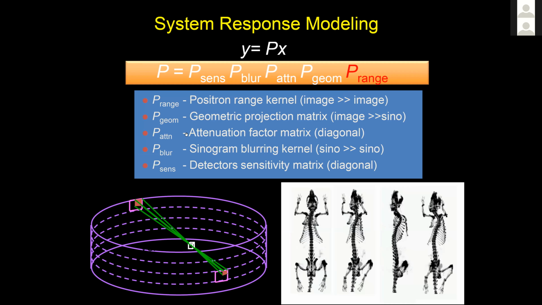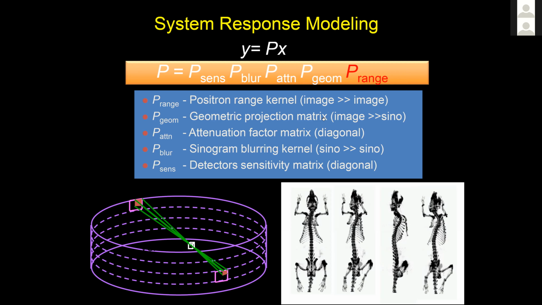For example, for PET, you need to consider positron range, the geometry, attenuation, blurring. Blurring is caused by the structure of your detector, and sensitivity. Sensitivity is related to a lot of factors. So at the end, you basically estimate, if there's a gamma ray coming from this voxel, what is the likelihood it will be detected along this line of response. If you model this, then you can recover the image.